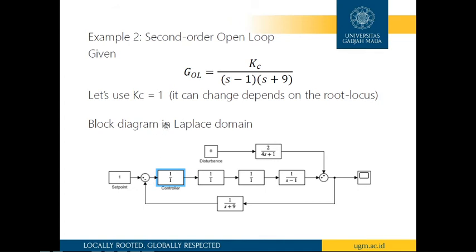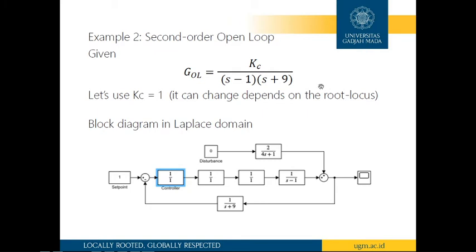So the first example explains how to stabilize an unstable loop by root locus analysis for the third order open loop process. And this is the second example, from the second order open loop. Given that G open loop is equal to Kc over (s minus 1) times (s plus 9).